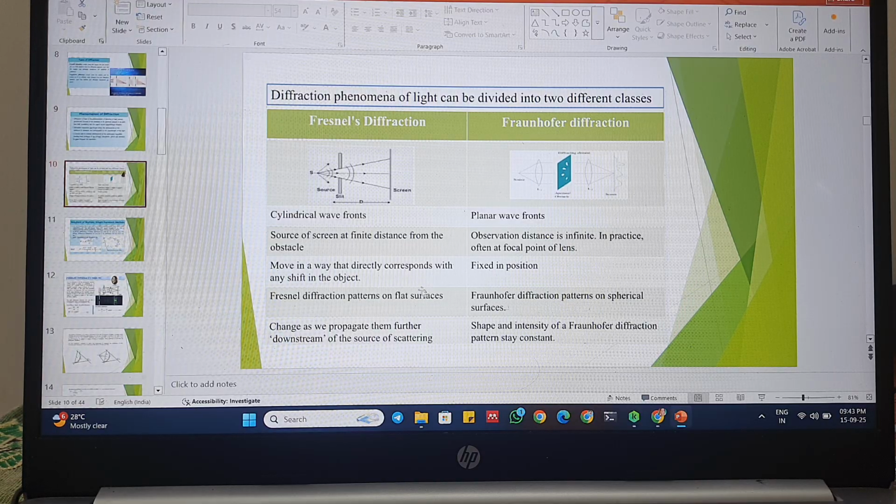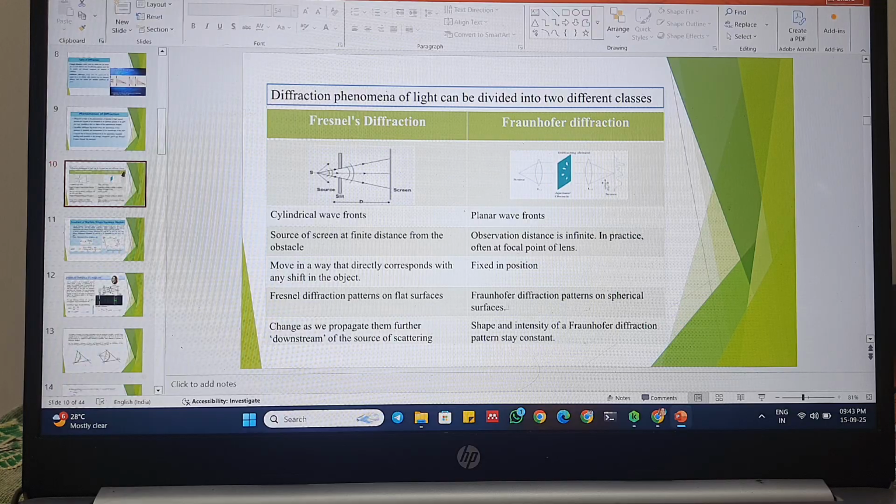Generally, we use lenses in Fraunhofer diffraction, and in Fresnel diffraction there is no need to use a lens. Here we can observe the diagram: here is the slit, and here are the two lenses, from source to lens L1 and lens L2.